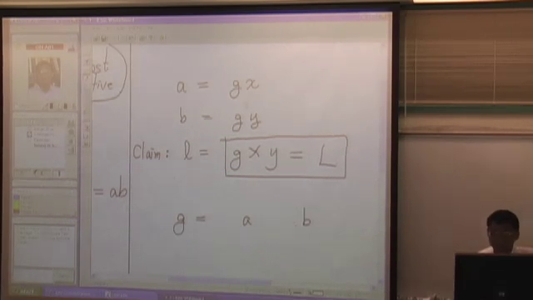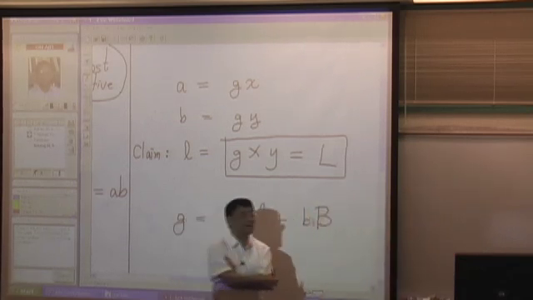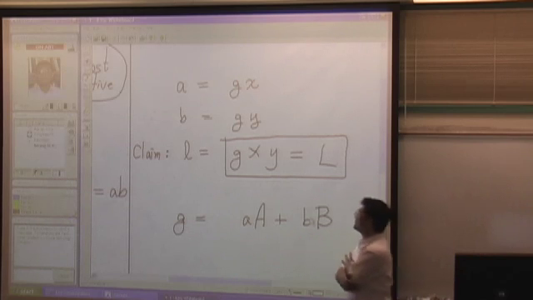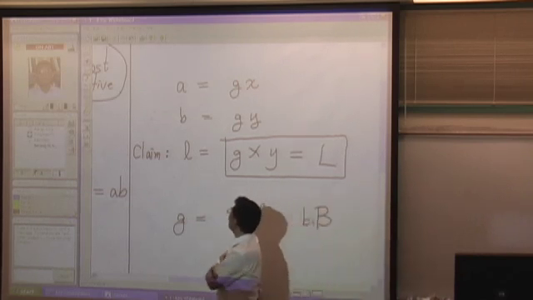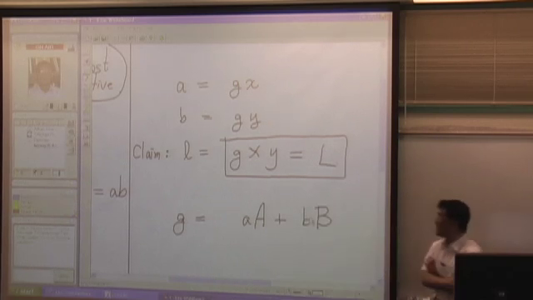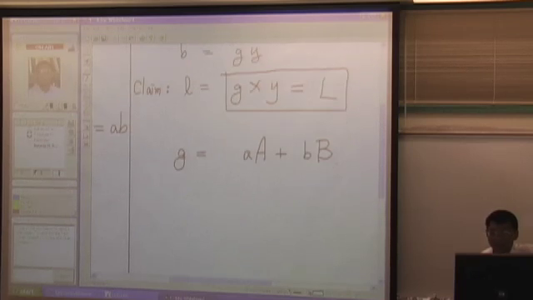So because we used X, let's say A times capital A, and then B times capital B. Instead of using XY, I will say this. G is the greatest common divisor. Then, let's finish it. Because of this reason, we can write it this way.